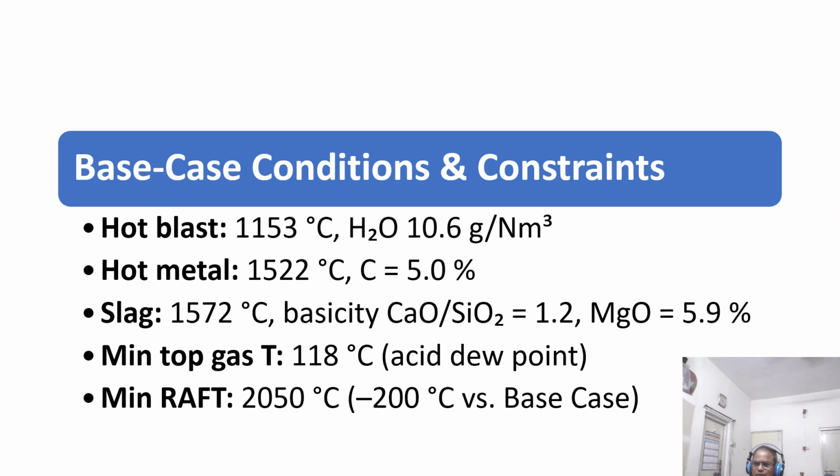Now, let us discuss the base case condition and constraint. The base case parameters reflect typical large blast furnace conditions. So, here we can see hot blast temperature is 1153 degrees centigrade, moisture content is around 10 grams per normal meter cube.